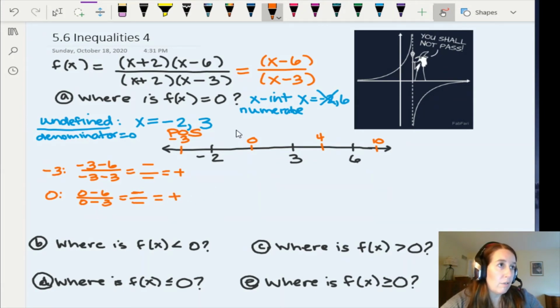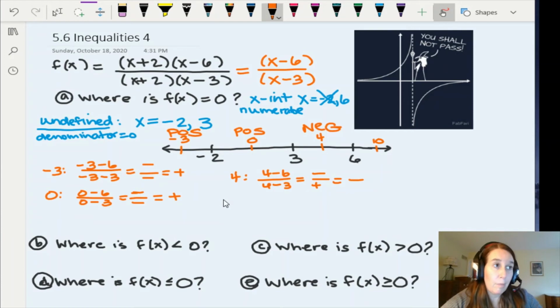So this is still positive. Now I'm going to put in 4. That would be 4 minus 6 divided by 4 minus 3. 4 minus 6 is negative, but 4 minus 3 is positive. A negative divided by a positive is a negative because it's just one negative sign. So this is negative.